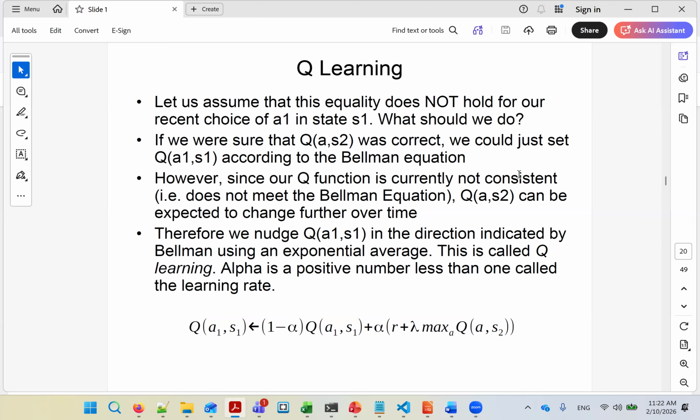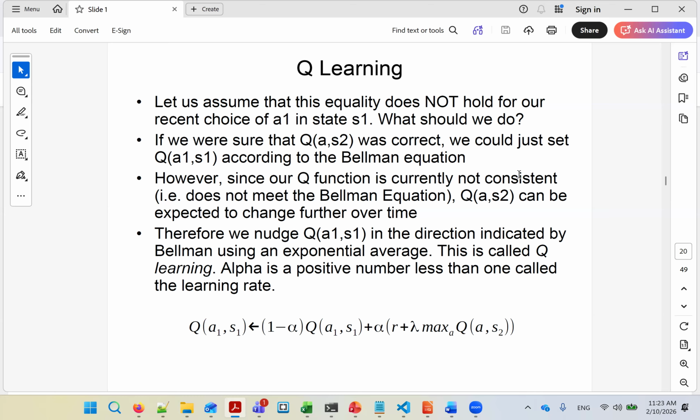This is it. If you get to the bottom here and understand it, I think this is the end of the heavy lift. Remember I said if Q was perfect? Well, Q's never going to be perfect, particularly not when we're starting off learning. So in general, it's not going to be.